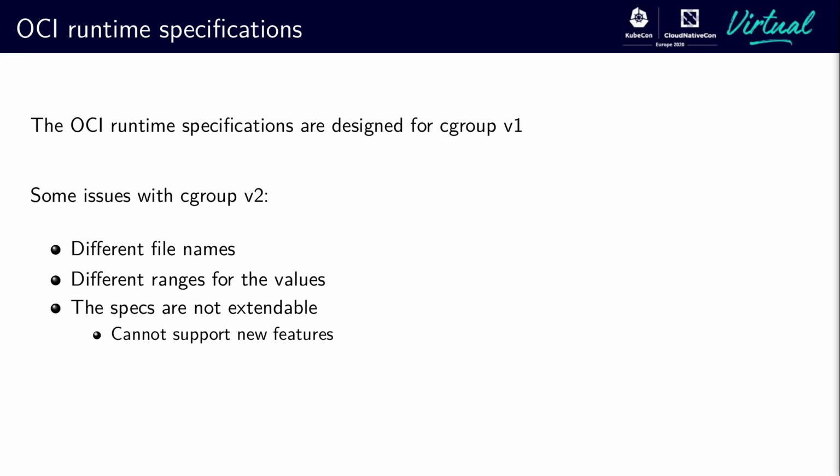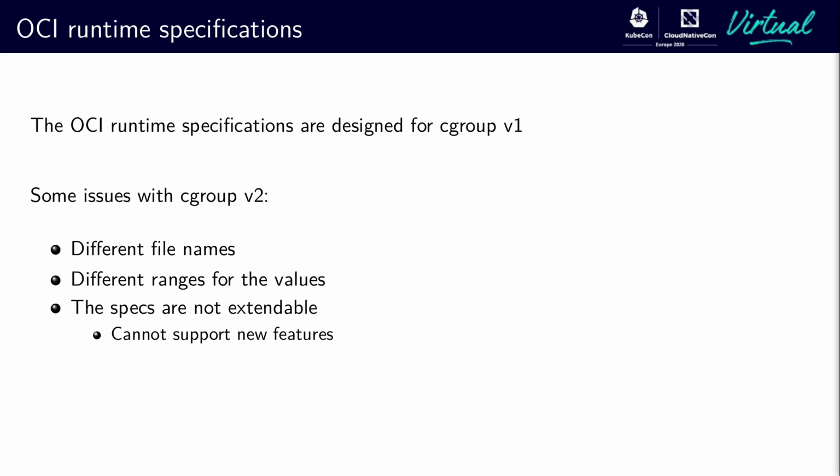The runtime specs are designed for cgroup v1. They don't map nicely to cgroup v2. Different file names, different ranges, and sometimes different semantics are not managed through this configuration. The only mechanism for extending the OCI runtime configuration is through annotations, but that's not really nice for structured data, and it's not a standard.